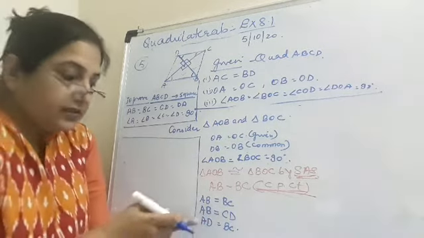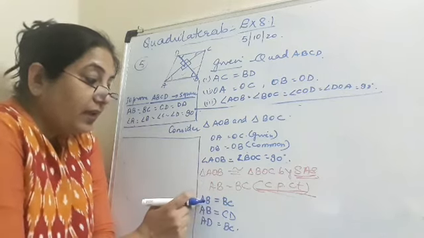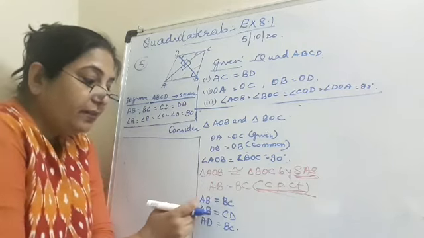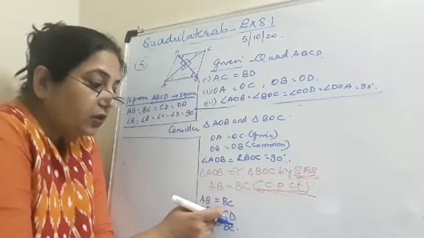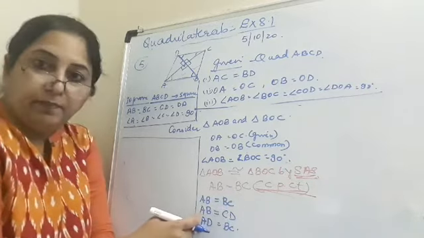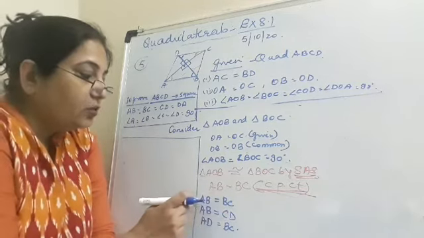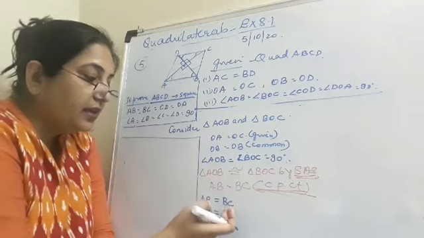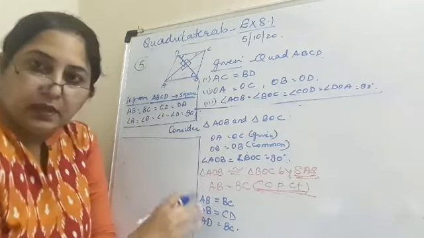Okay, now let us consider all the three. AB is equal to BC and AB is equal to CD. So AB is equal to BC is equal to CD and is equal to AD, because all the four sides will be equal. I hope this part is clear to you.